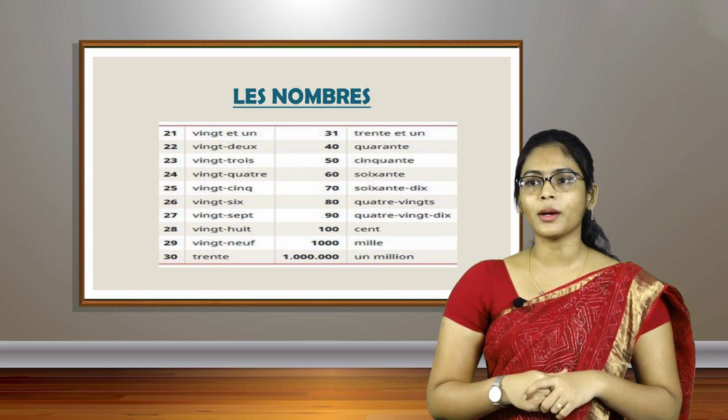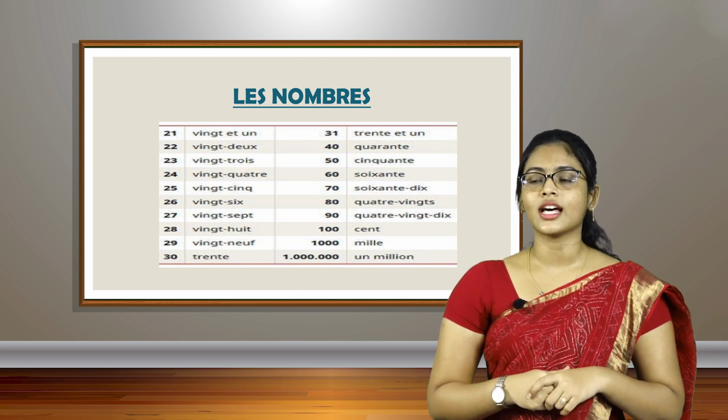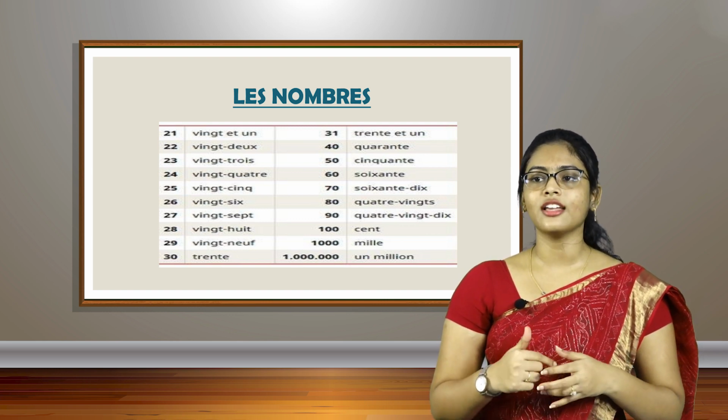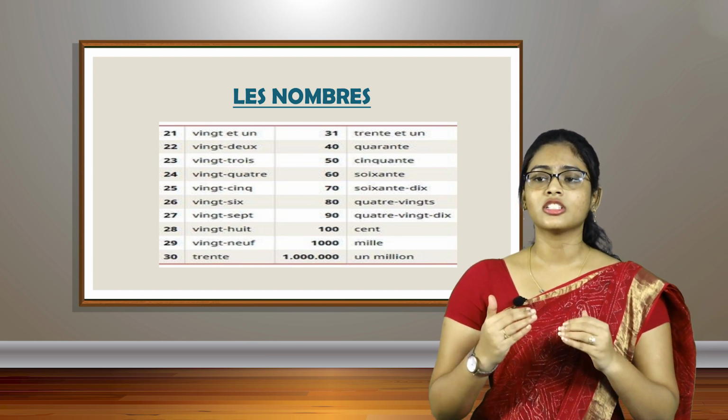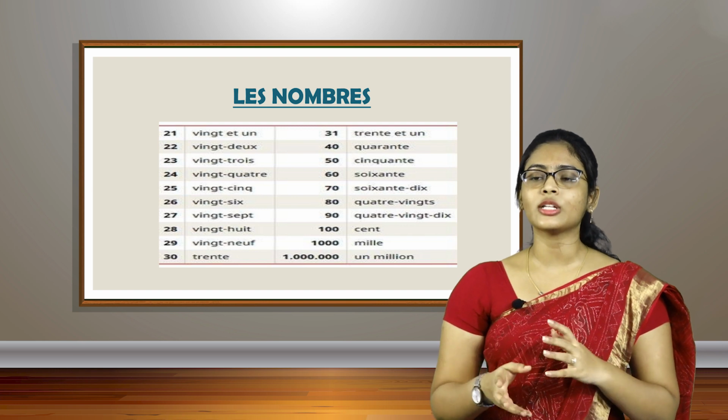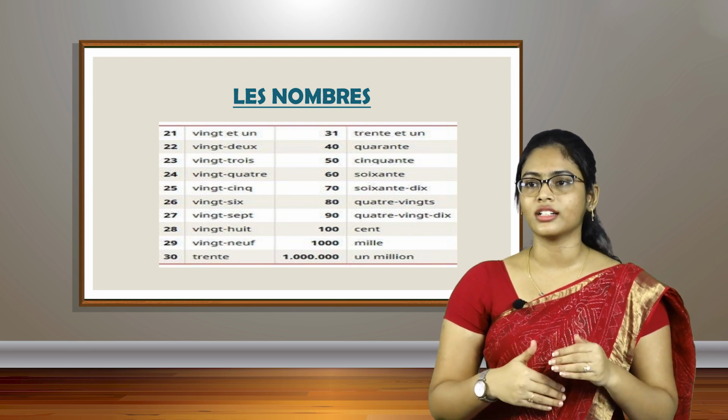But you have to remember how to say the tens, as in 30, 40, 50, 60, 70, 80 and 90. If you know how to say these tens, it will be easy for you to frame the other numbers.